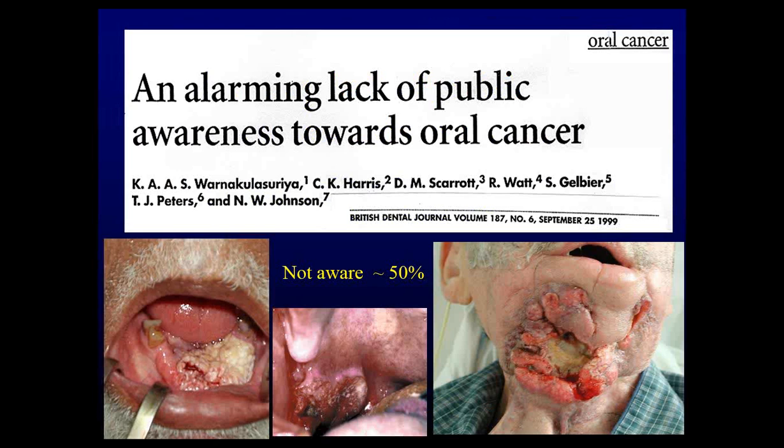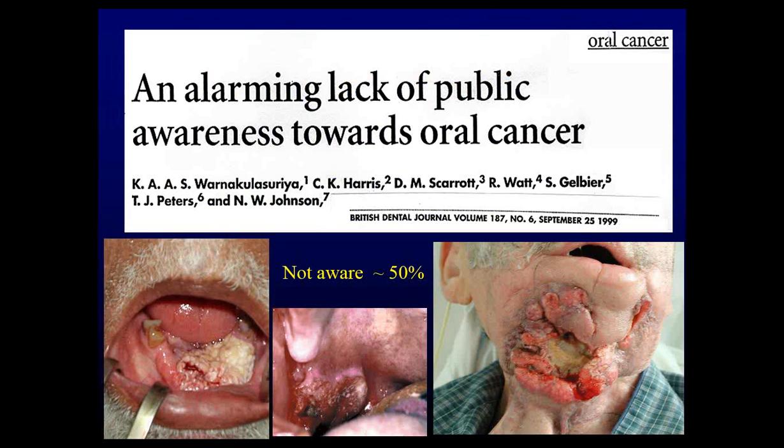And on top of that, although 76% of these people do identify smoking to be associated with oral cancer, only 13% said that they consider alcohol to be a causative agent for oral cancer.